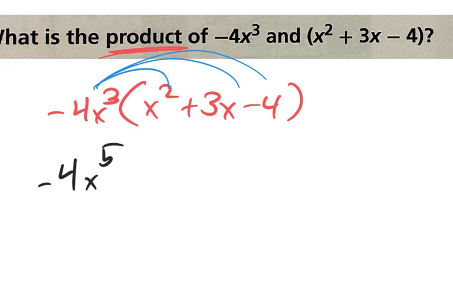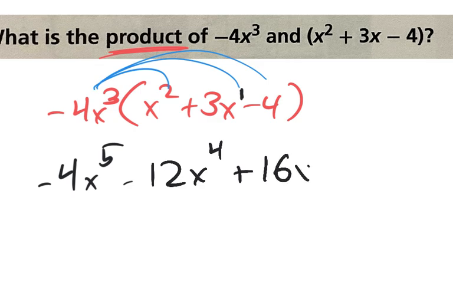Add the exponents when you multiply. Negative 4x cubed times 3x would be negative 12x to the fourth, because this is understood to have a 1. And then negative 4x cubed times negative 4 is positive 16x to the third.